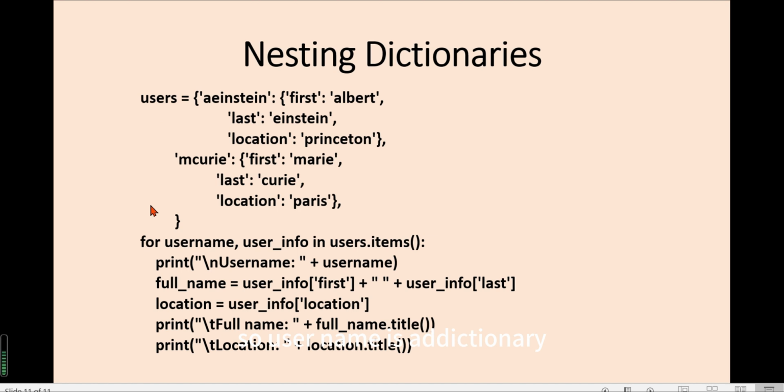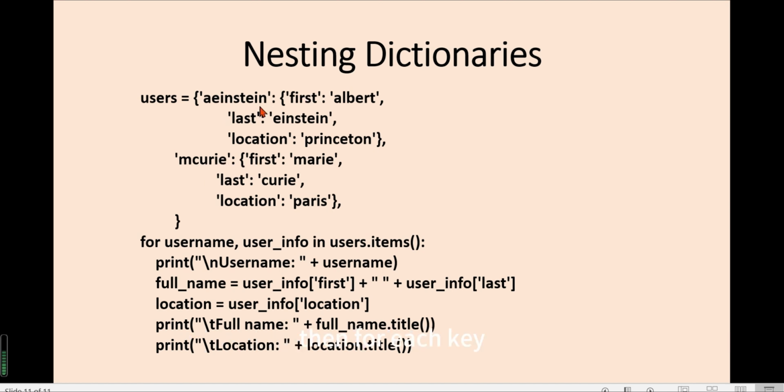So users is a dictionary. Then inside users, we have several usernames. Here I have two people. The first person is Einstein. Einstein here is the key, a username. And the next username is Marie Curie, M Curie.